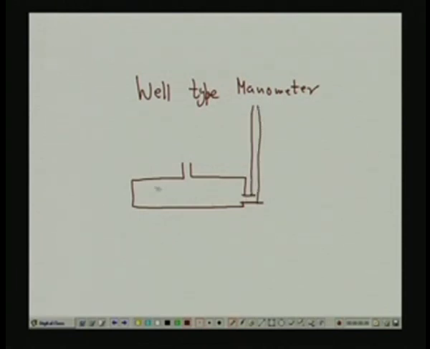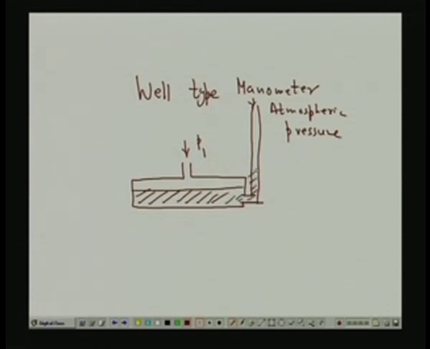If the pressure P1 is applied, with the other side open to atmospheric pressure, the manometric liquid goes up in the column; suppose this is the height.